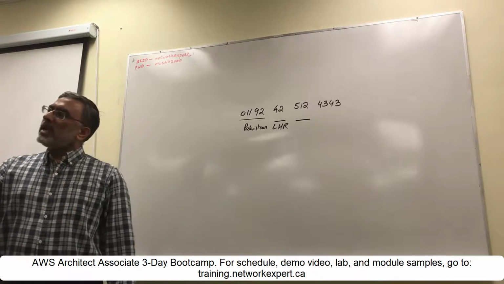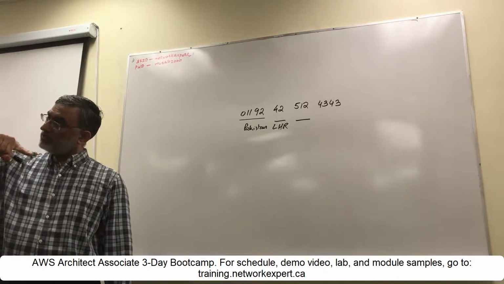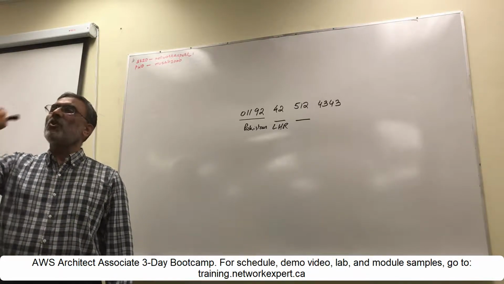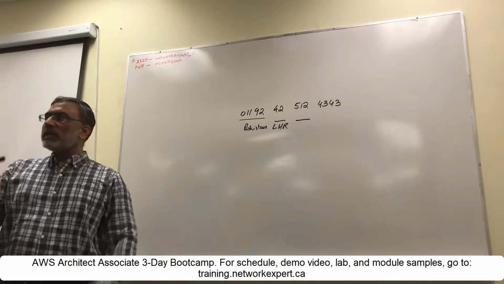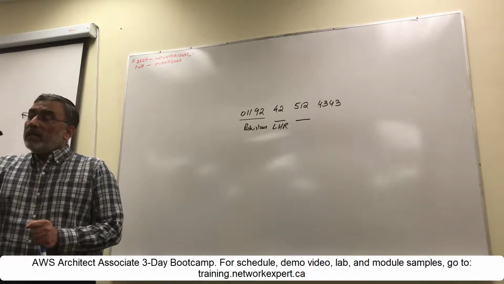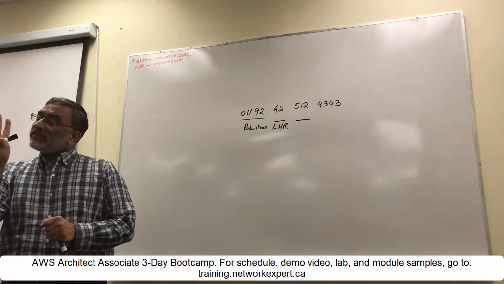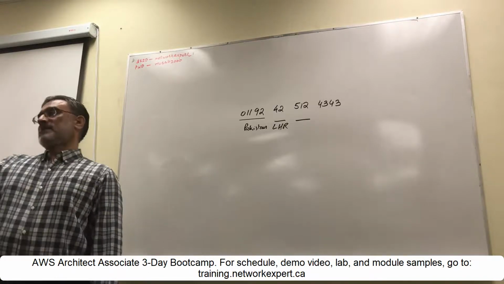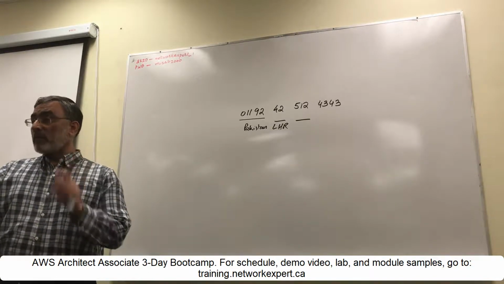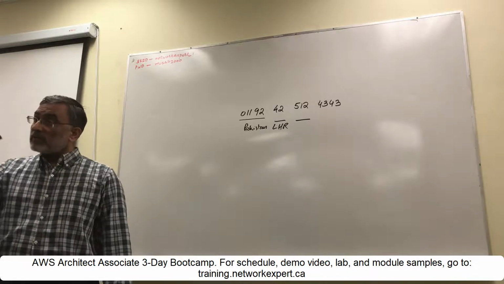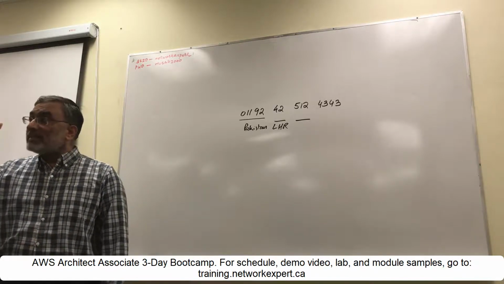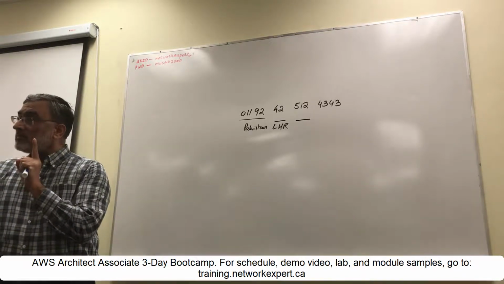Basically, an IP address is like a phone number to identify a device on the network. That means two devices on one network cannot have the same IP address. That makes sense, right?